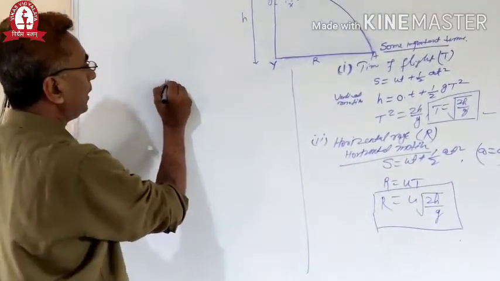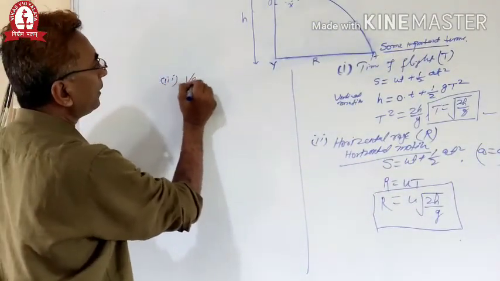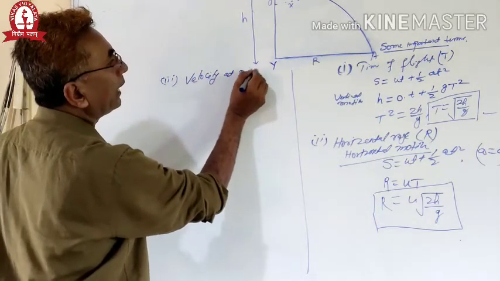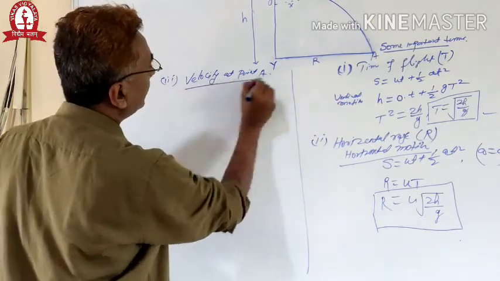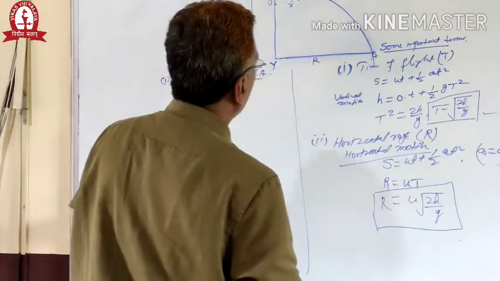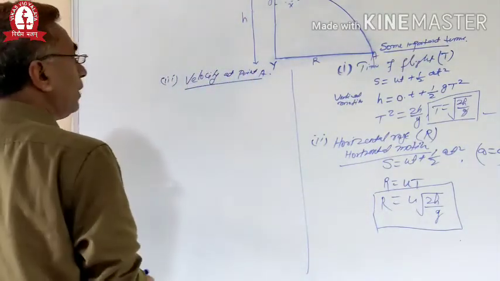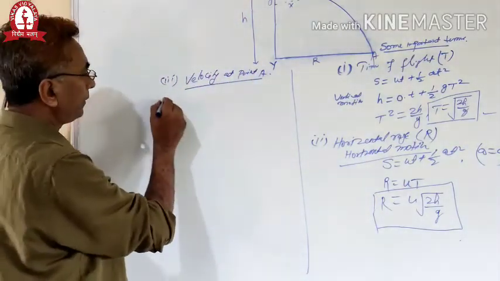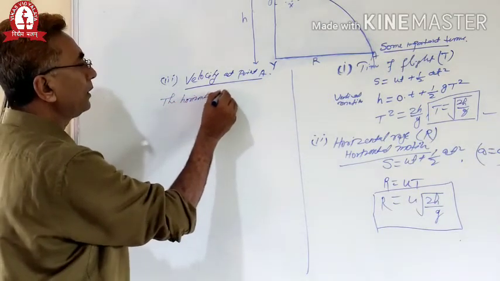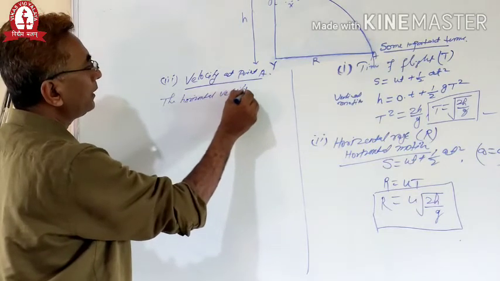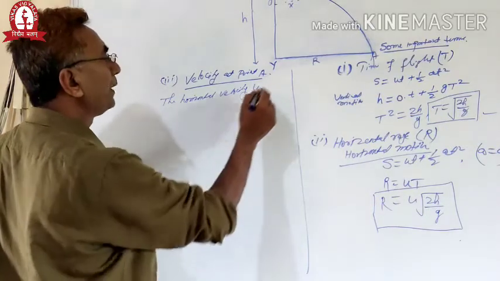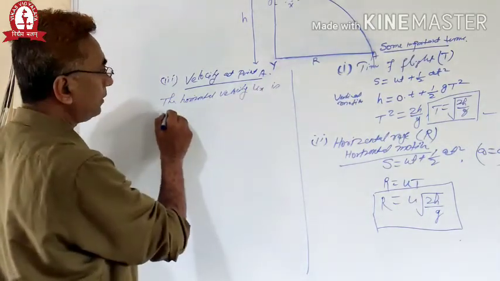Finally we will take into consideration the velocity. Last portion is the third point, the velocity at point A. Now see the horizontal velocity at point A. If I indicate it as ux, the horizontal velocity ux is constant throughout the journey.